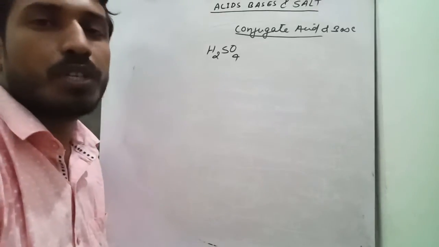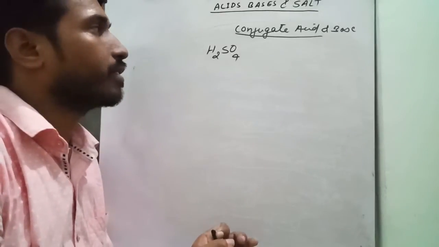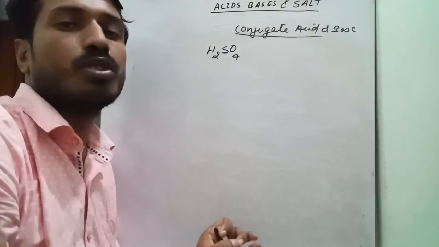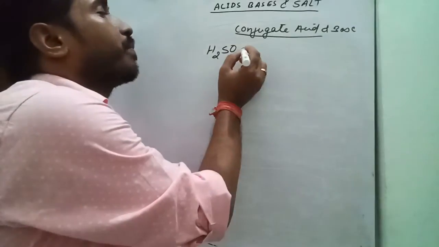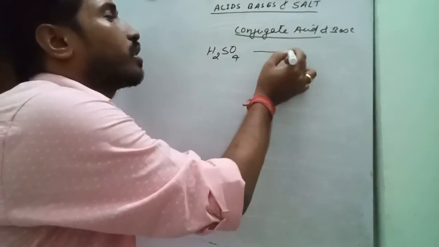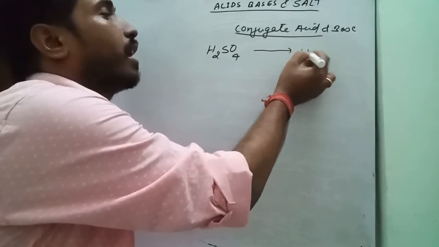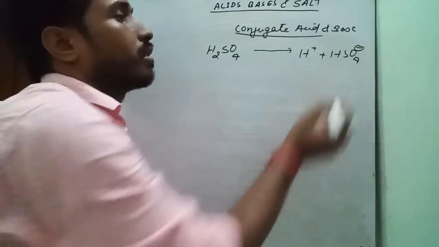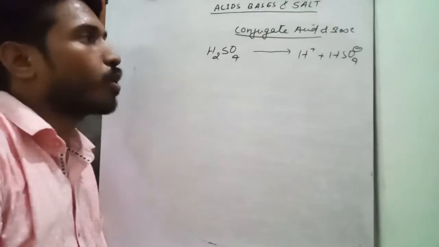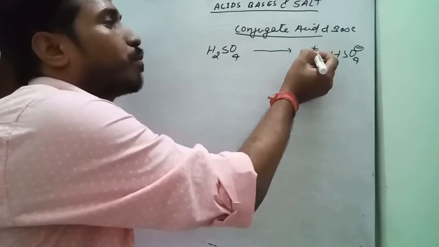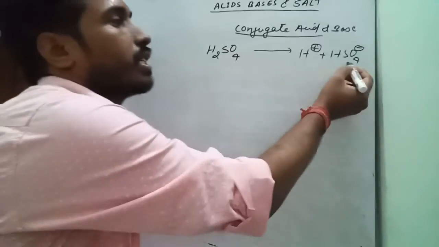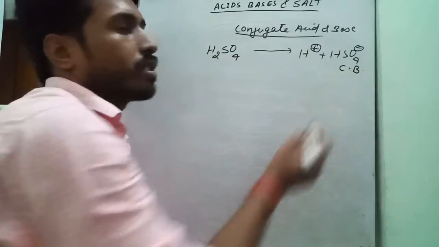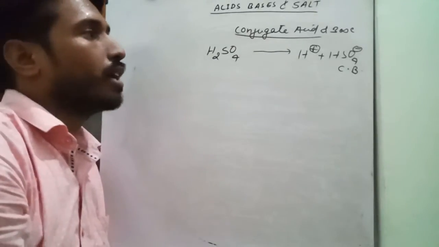The species which differ in the number of hydrogen by 1. Then let us suppose H2SO4 is giving H+ plus HSO4-. Here H+ is the conjugate acid, and this is called the conjugate base.